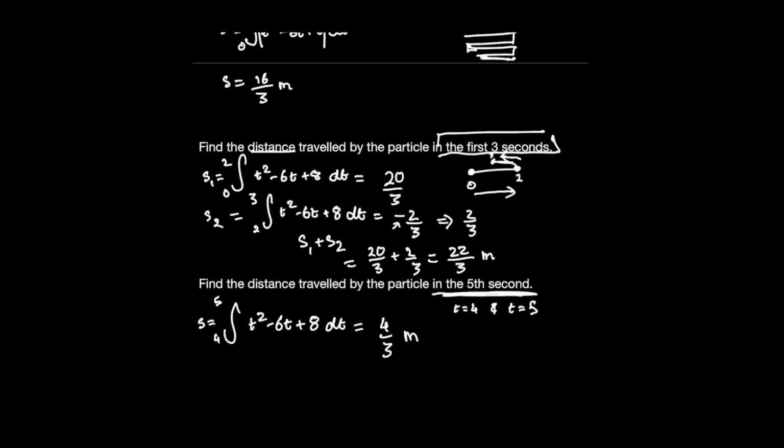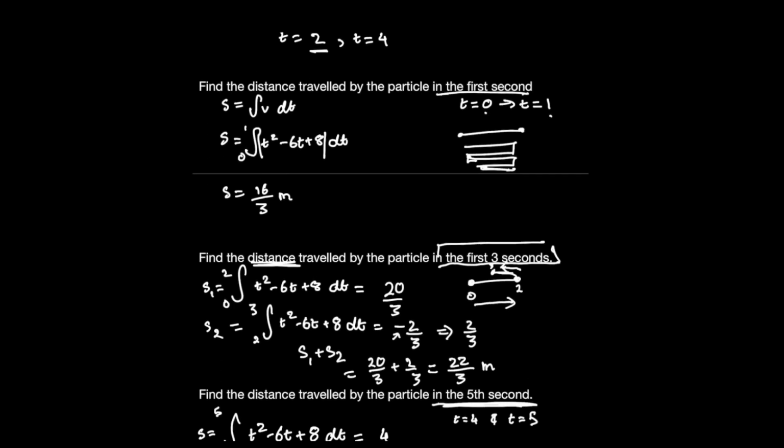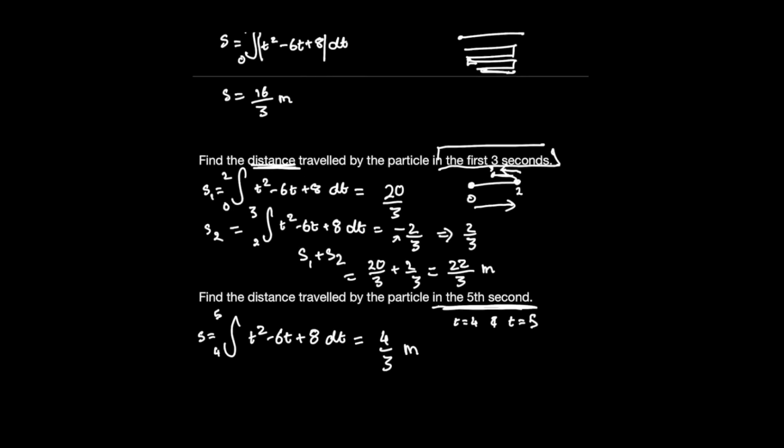But since it's distance and not displacement, and since we know that it stops at t equals 2, we have to calculate from t equals 0 to 2 and between 2 to 3 separately the displacement, and then add the absolute values together to find the total distance.